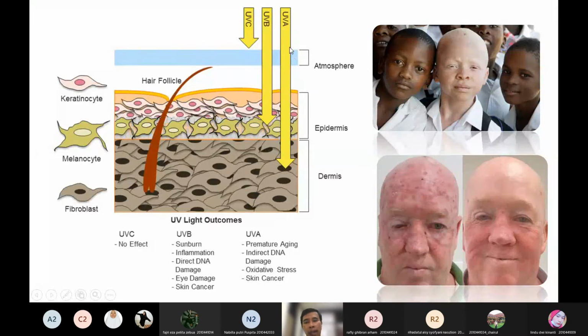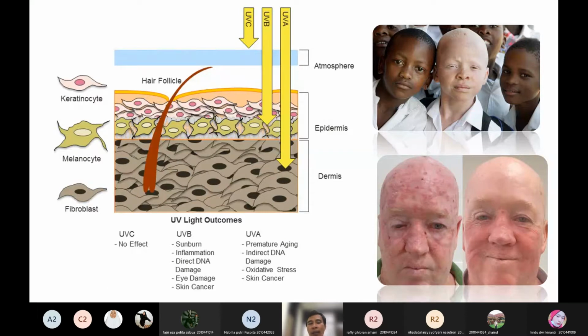However, when UVA is dominant, exposed to our body, and particularly on the dermis layers of the skin, it will cause the damage, the mutations. So it will cause the damage of DNA in our skin cells.